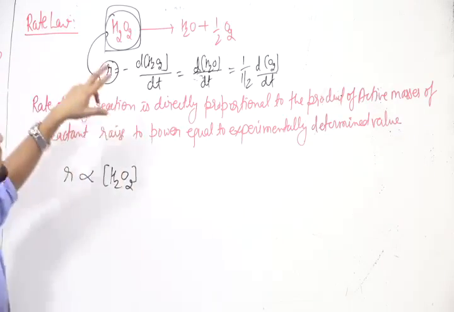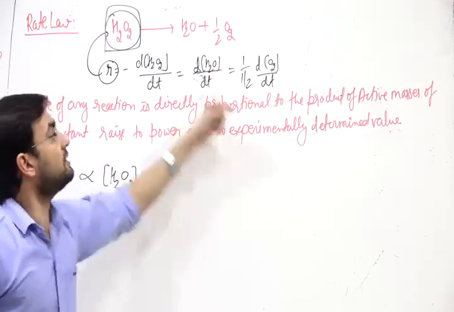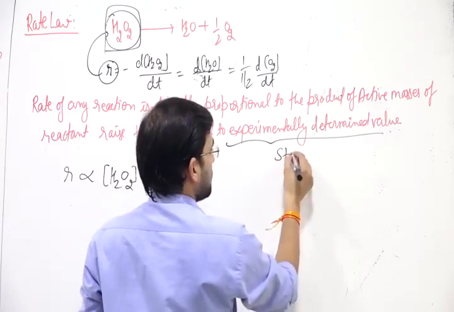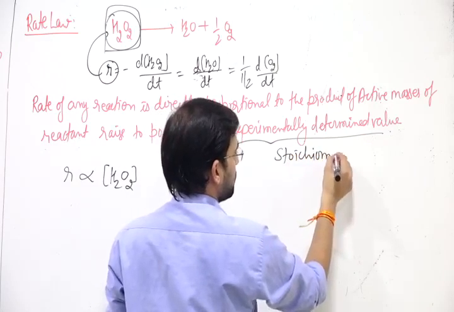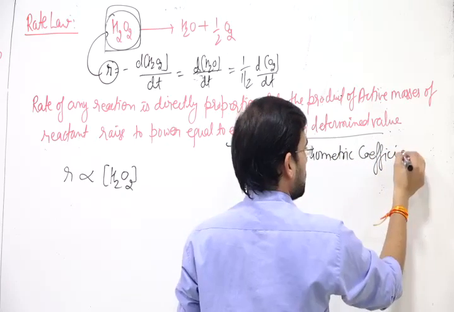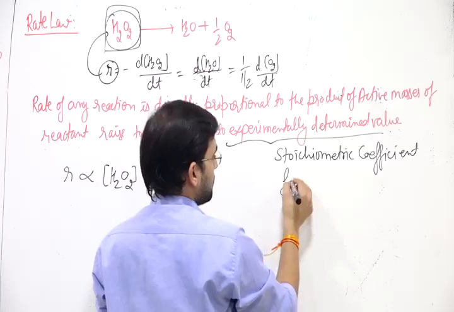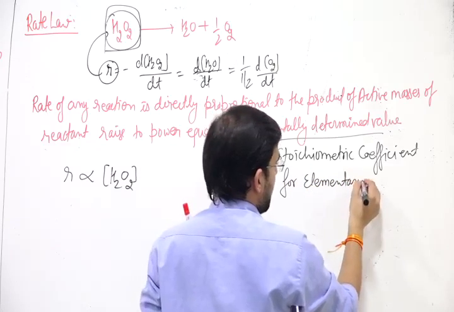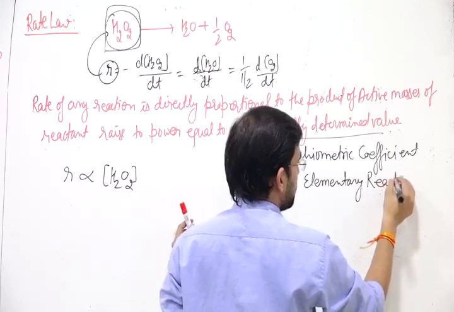Most of the time we take this experimentally determined value as the stoichiometric coefficient for an elementary reaction.